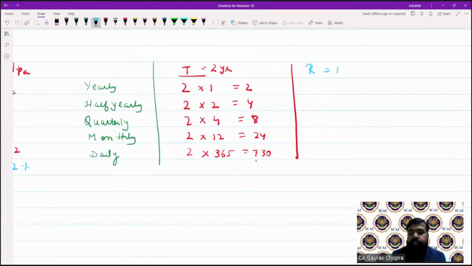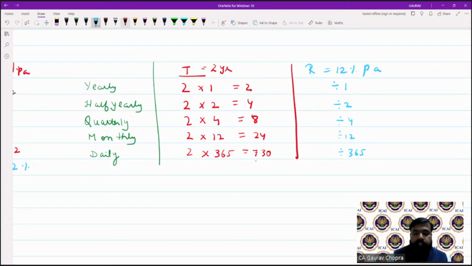Similarly, rate. If rate is 12% per annum, then we have to divide with 1, divide with 2 for half year, divide with 4 for quarter, divide with 12 for monthly, and divide with 365 for daily.